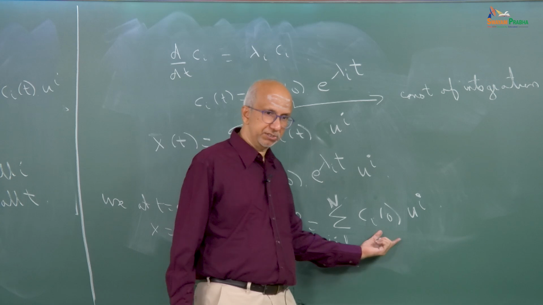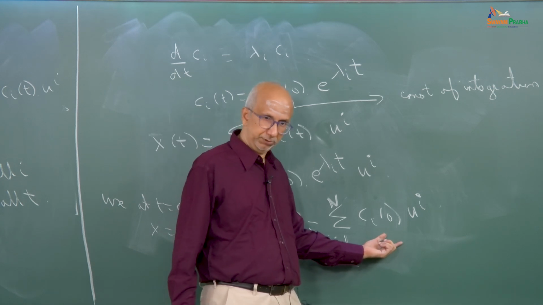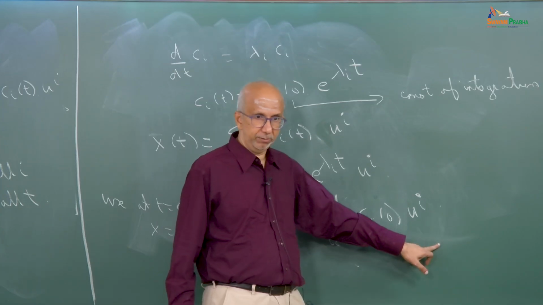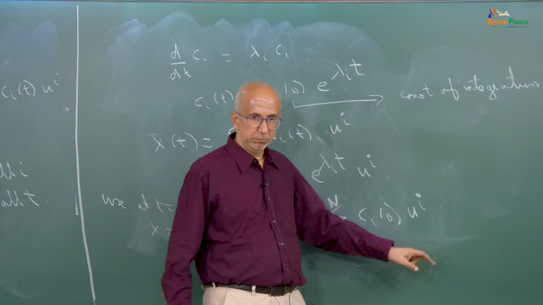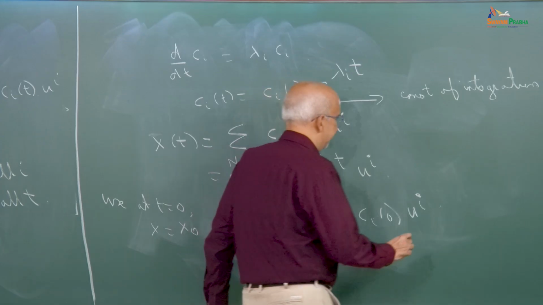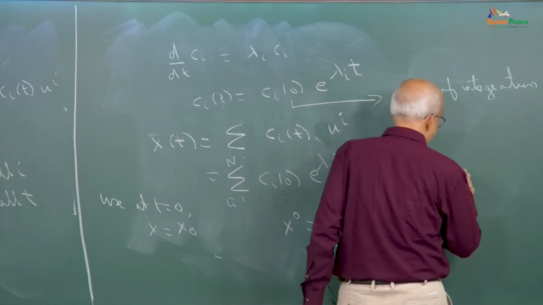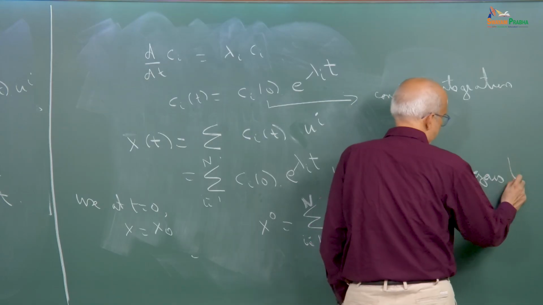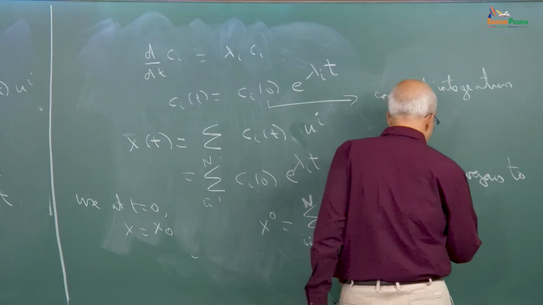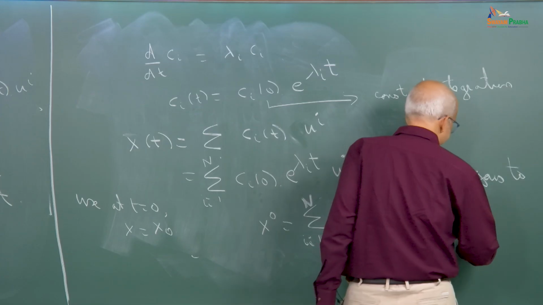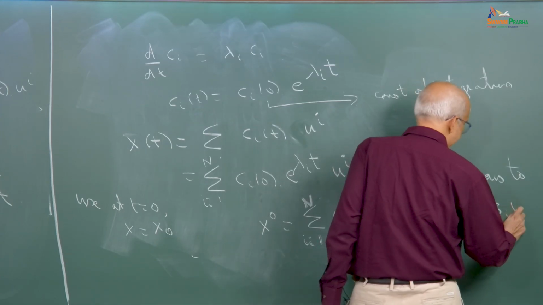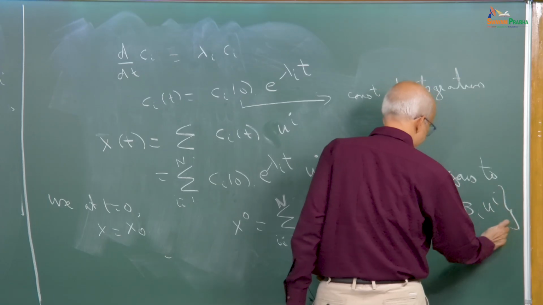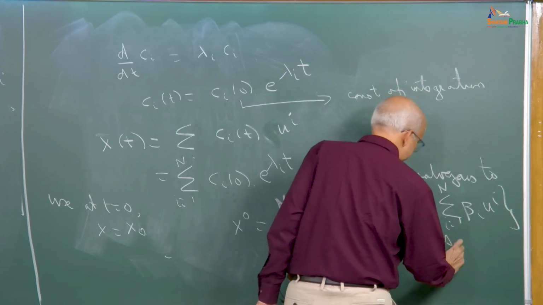This is of course a constant, because this Ci at time t equal to 0 is a constant, this is like my beta i, and this is like my ui. Okay. So, I am saying this is analogous to b equals sigma beta i ui in Ax equals b.